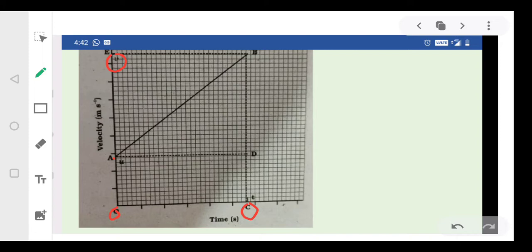So, initial velocity of a body is u and final velocity is v. In order to acquire final velocity v from initial velocity u, it has taken total time t. So, by using this graph, let us derive all the three equations of motion.